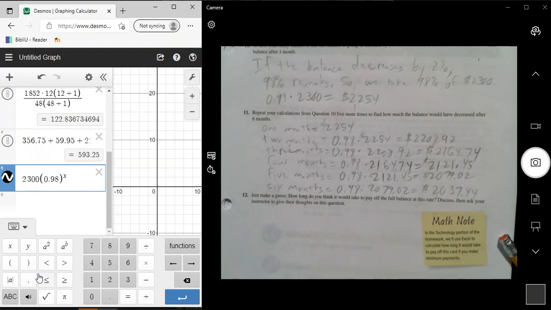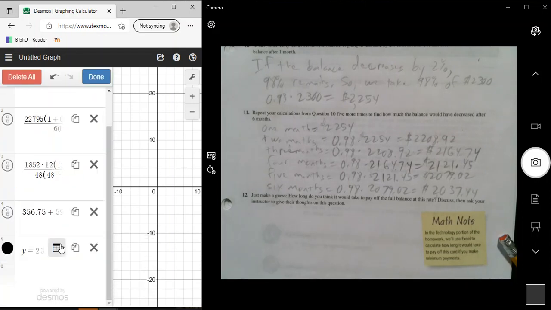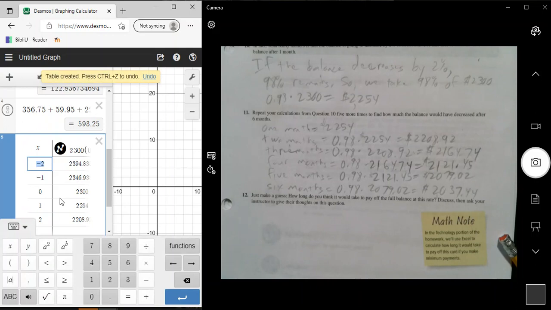Let me put y equals in front. Now, when I said we've done this before, I believe it was chapter 1 when we did exponential and linear regression. And so, well, it might have been chapter 2. So let me do a table here.